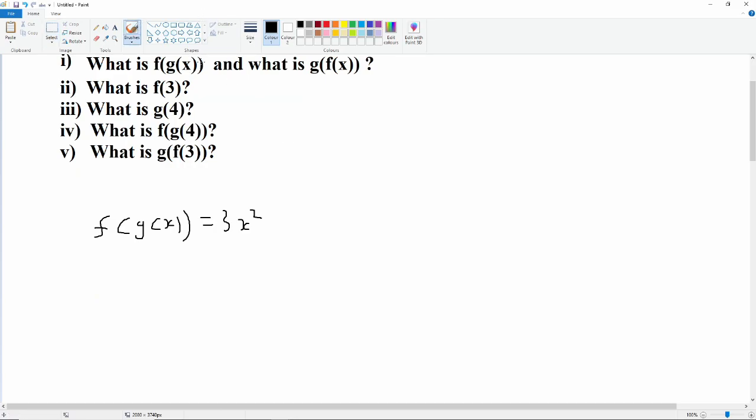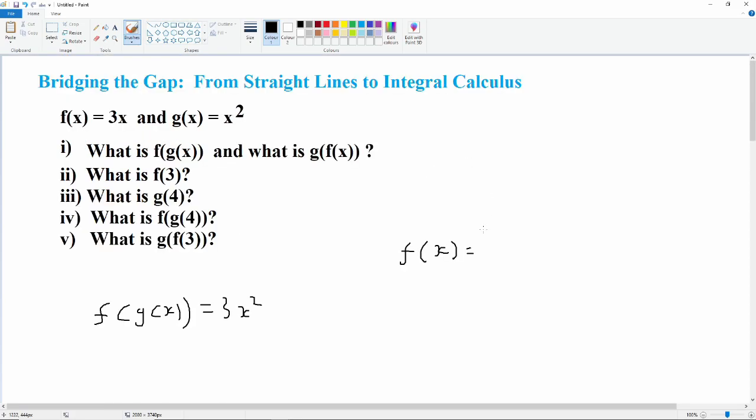Okay. G of f of x. Again, we know f of x is equal to 3x, and g of x is equal to x squared.